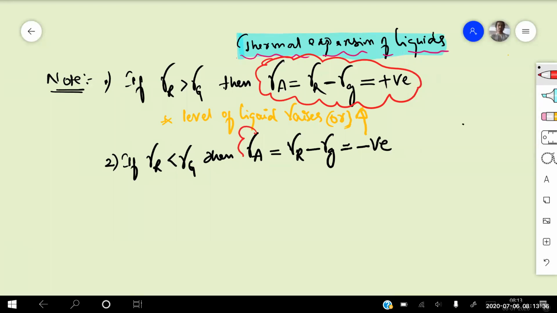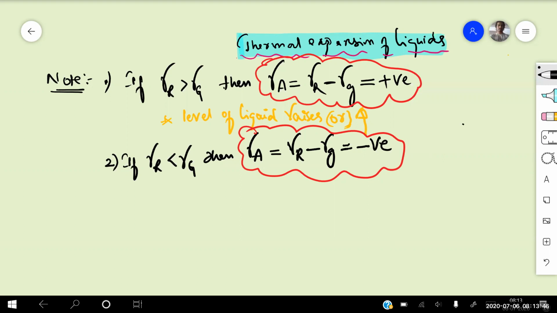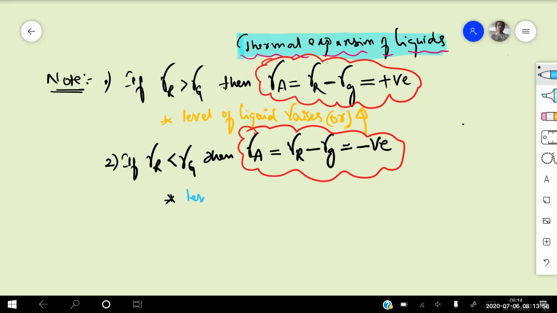If the coefficient of real expansion is lesser than the coefficient of glass, then gamma a is equal to gamma r minus gamma g, obviously. That will become negative. That means the level of liquid decreases. Is it visible, beta?